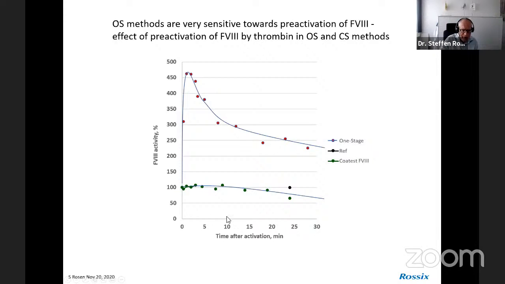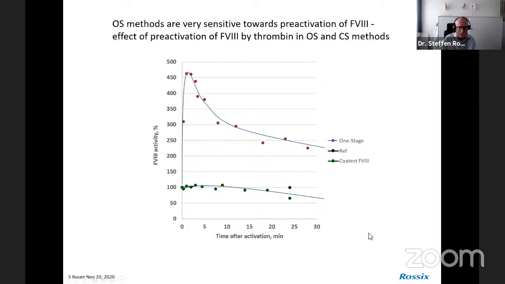And you can see this tremendously high increase of activity with the one-stage method, whereas the Coatest kit only recorded the true decay in factor VIIIa activity, because factor VIIIa has a limited half-life. This dot here is a rerun of a freshly thawed reference sample, for establishing again 100% activity.